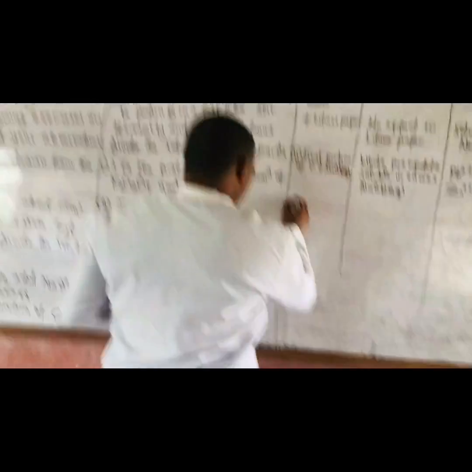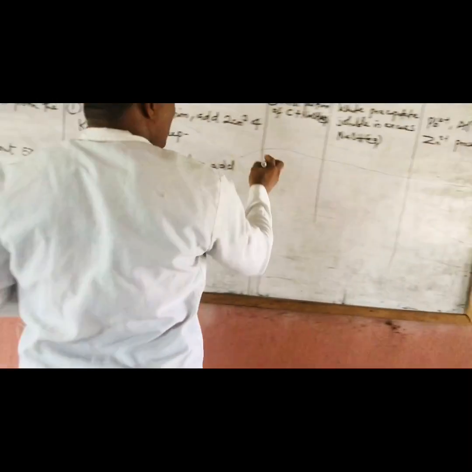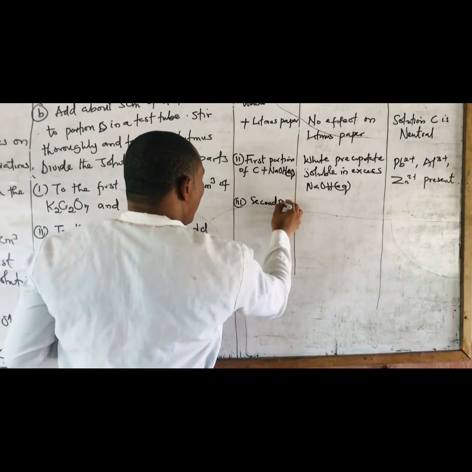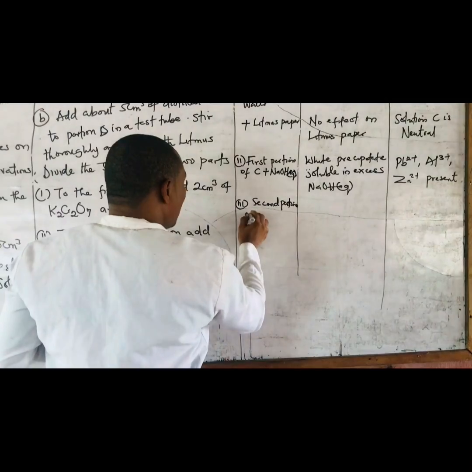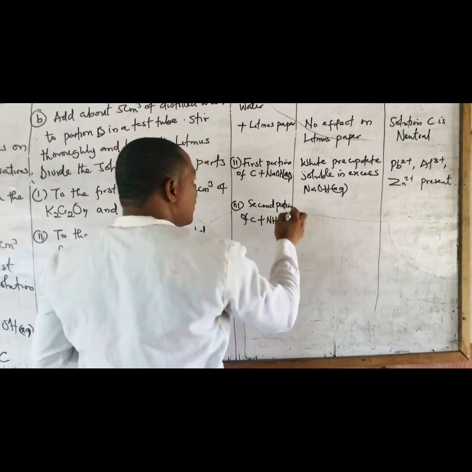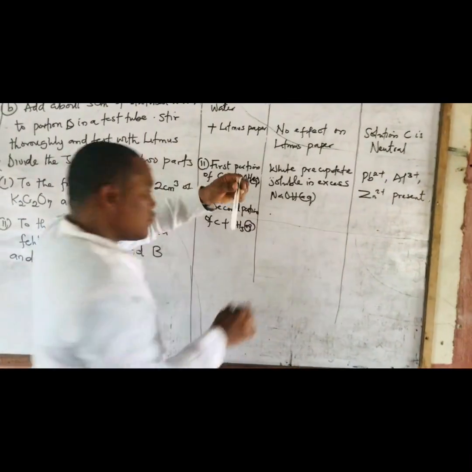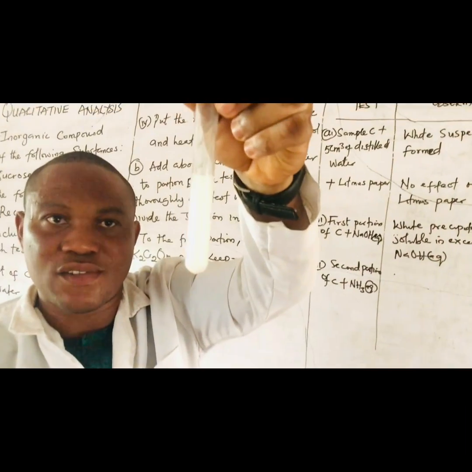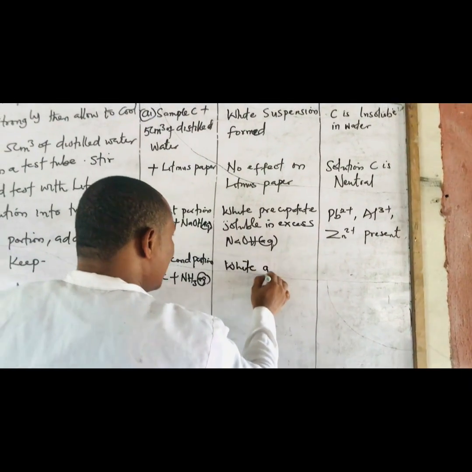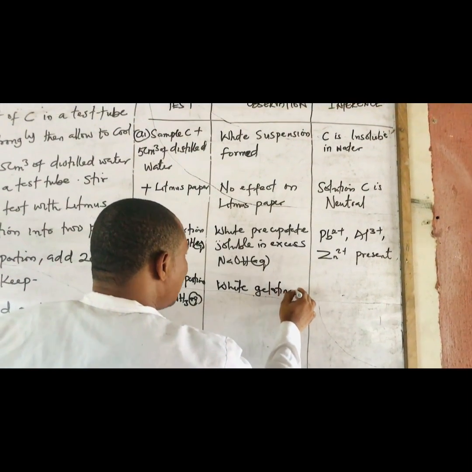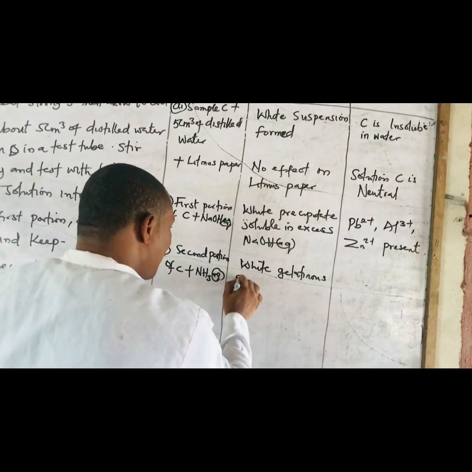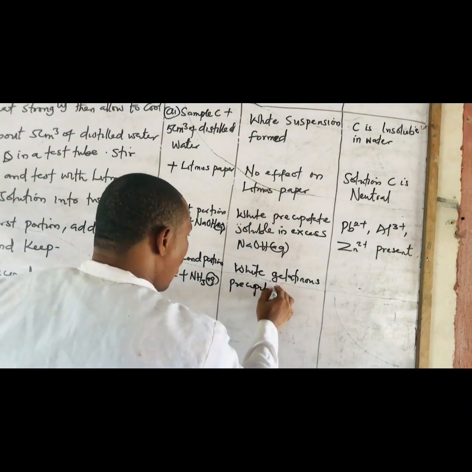So I have Roman figure, what is that? 3. Okay? Roman figure 3. Second portion of C plus ammonia. You can see that. My white precipitate is gelatinous, like a gel. So now the precipitate is also soluble.